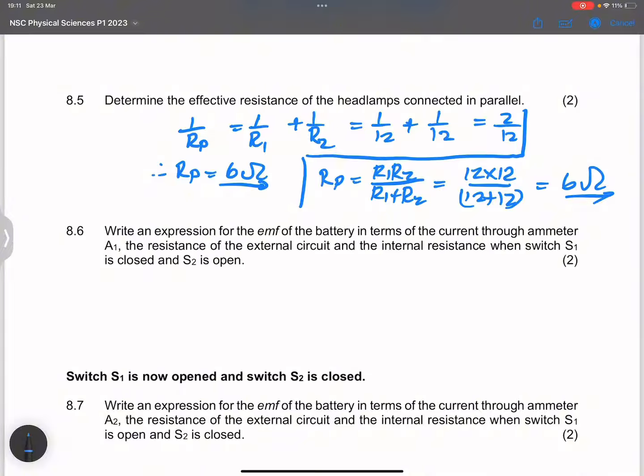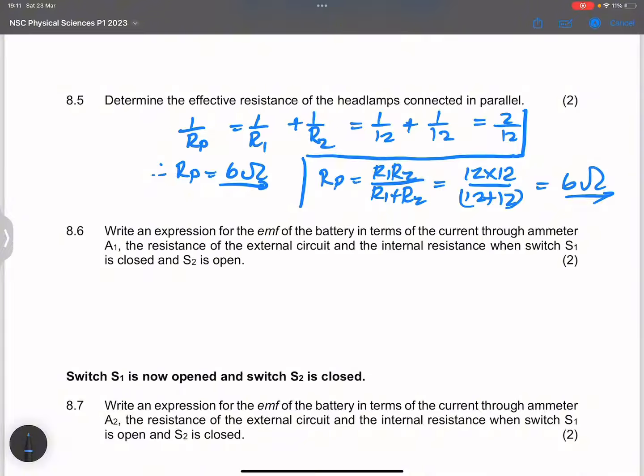That current is 4.2, right, times 6 plus r. You can continue with this and simplify it further if you want to.